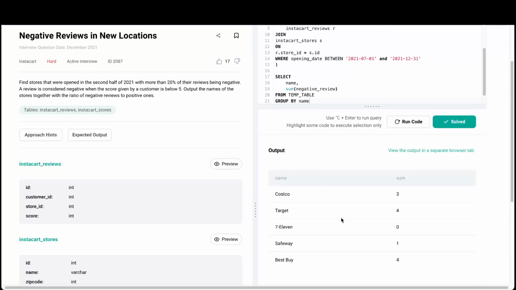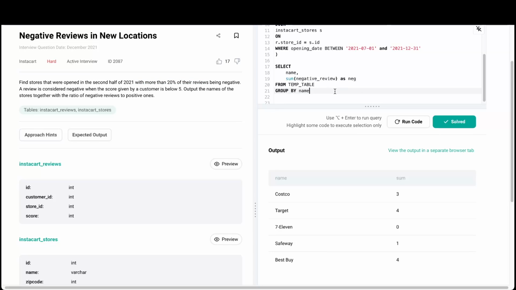Okay. So 7-Eleven has 0 negative reviews in the second half of 2021. We also need to know that it's not just the sum of negative reviews, but it has to be more than 20% of their reviews.